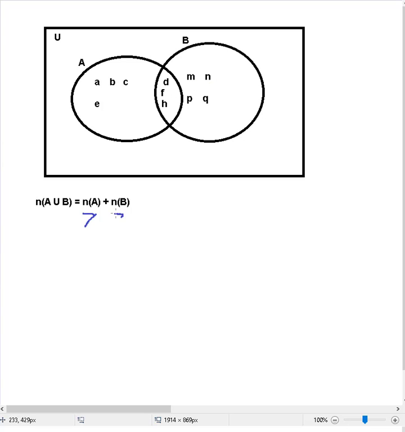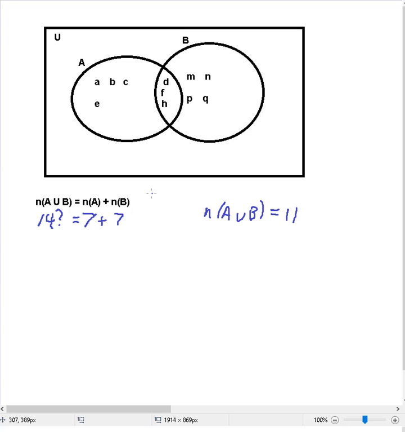So does that mean that the cardinal number for the union of those two is 14? Let's go back and see here. I'm showing 1, 2, 3, 4, 5, 6, 7, 8, 9, 10, 11. No, what we did before would say the cardinal number of A union B is 11, not 14.